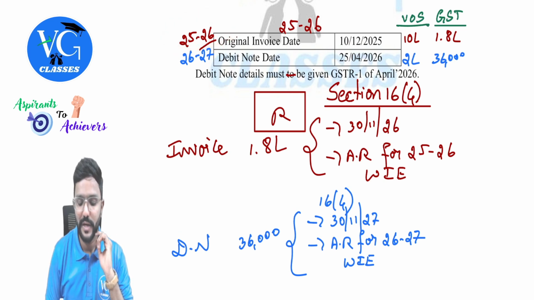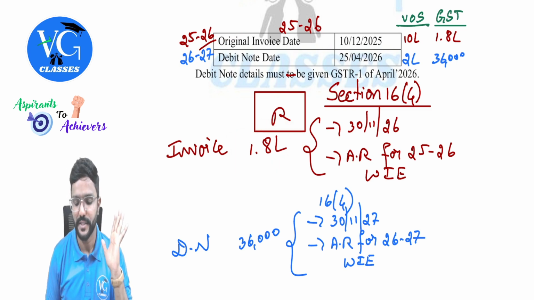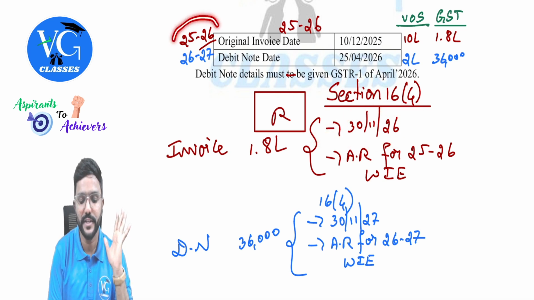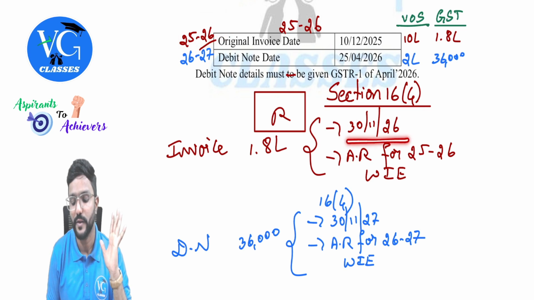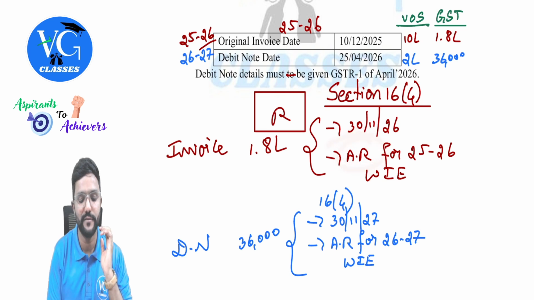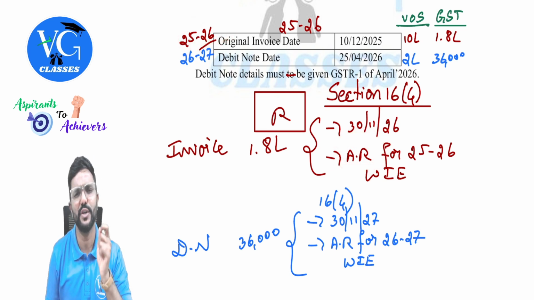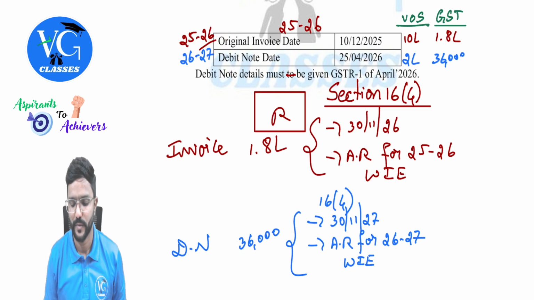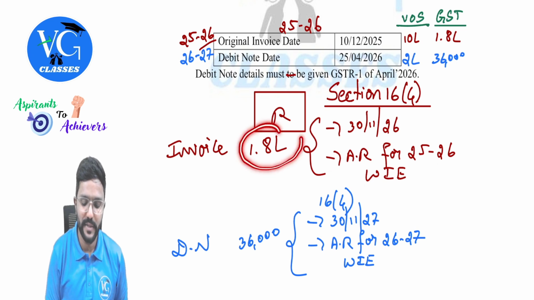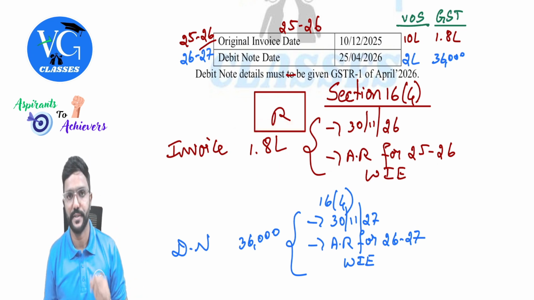So to claim 1,80,000 credit, what is the maximum deadline for recipient? 30th November of next financial year. So 30th November of 2026 or actual date of filing annual return for the year 25-26, actual date of filing annual return in GSTR 9, whichever is earlier. That is the maximum deadline to claim the credit of 1,80,000 to the recipients.